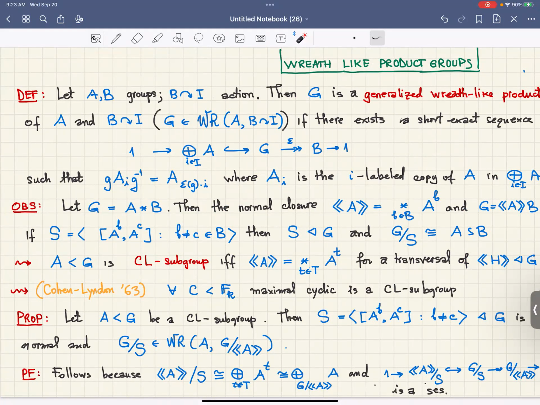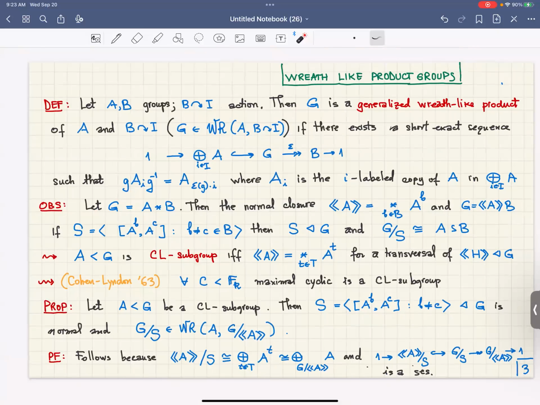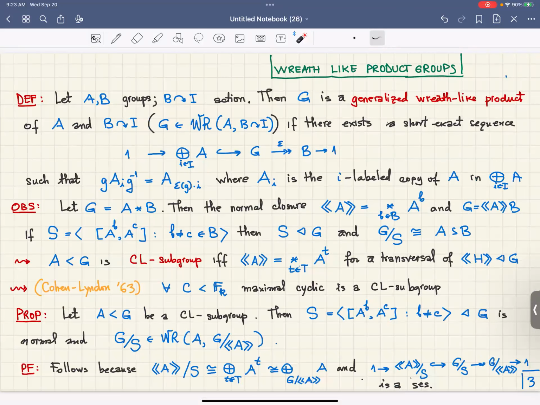This is kind of a generalization of the notion of wreath product group, the ones that we have seen before. So again, we start with two groups, A and B, where B comes equipped with an action somewhere. Then we say that G is a generalized wreath product of A and the action, and it will be denoted in this way. I'm going to emphasize the base group, this A, and this action in this way. And we say that G is a generalized wreath product if basically G occurs as an extension.